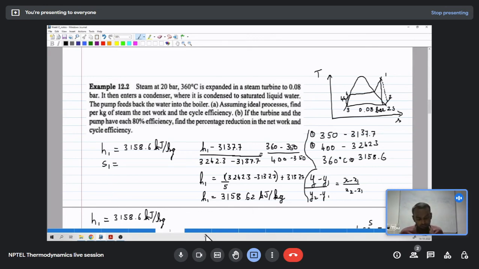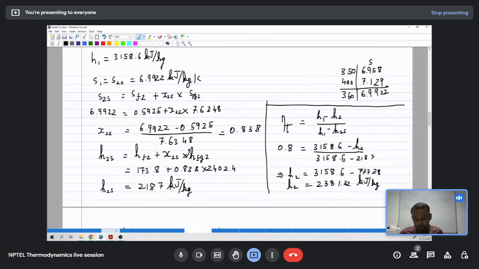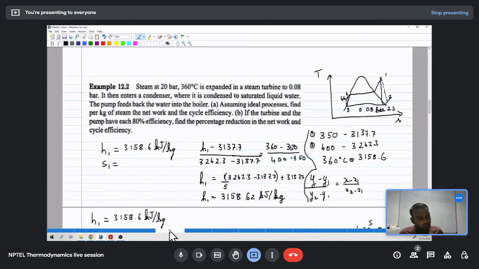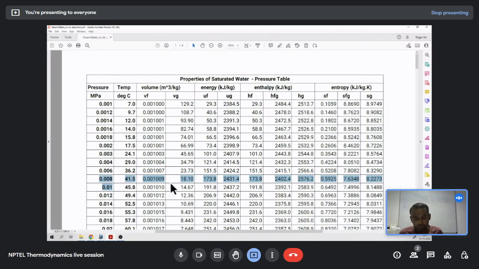So enthalpy at 3, we have calculated H3. No, I think H3 can be obtained from this table. So H3 is the enthalpy of the saturated liquid at 0.008 megapascal, which is 173.8.